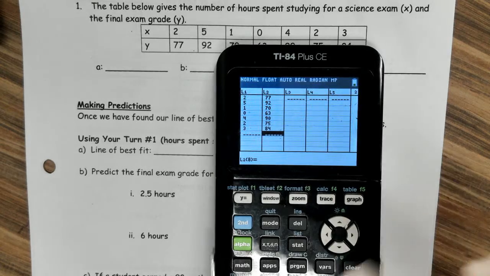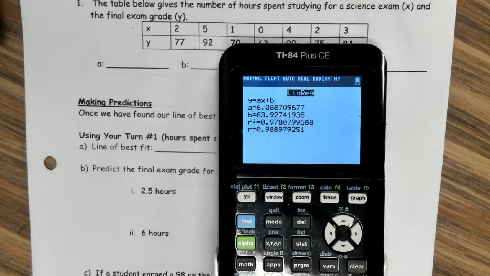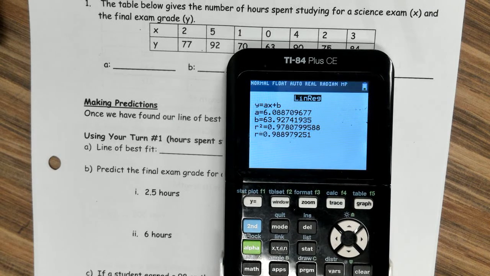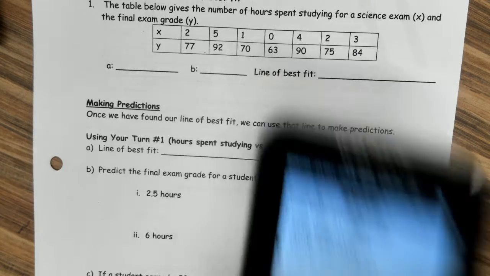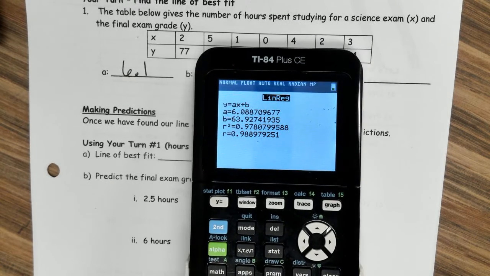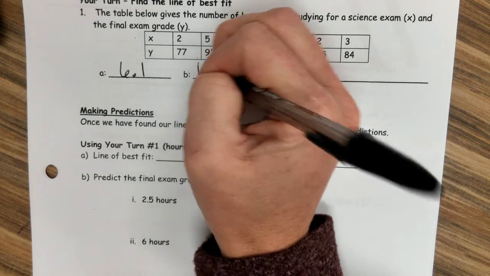Okay, once you put it in, you go to Stat Calc, option 4. What's the slope? Let's round to the tens. 6.1. What's the y-intercept? 63.9.